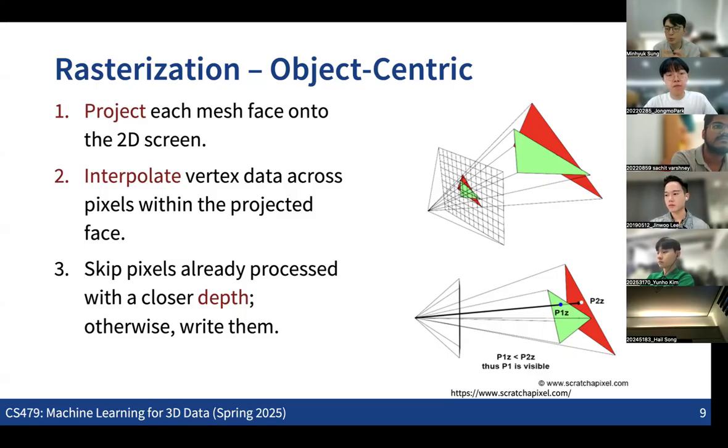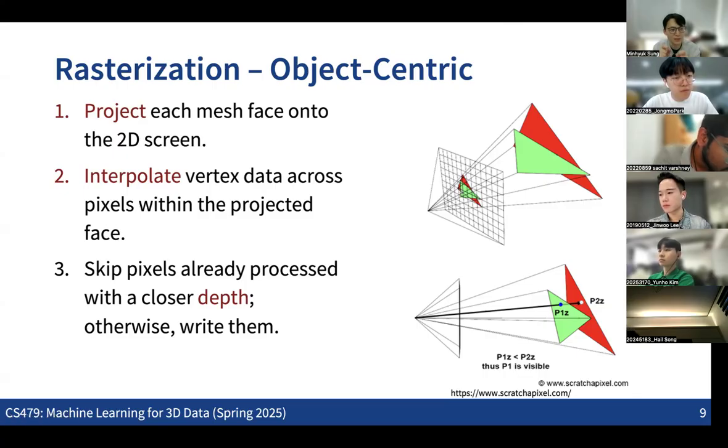We can project each triangle onto the 2D plane, and then all the information inside the pixels of the projected triangle can be calculated by interpolating the information projected from each vertex of the triangle.